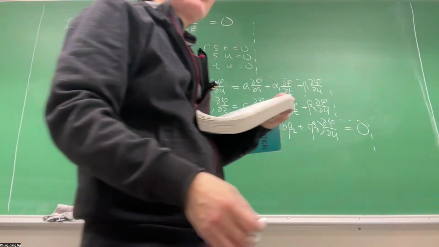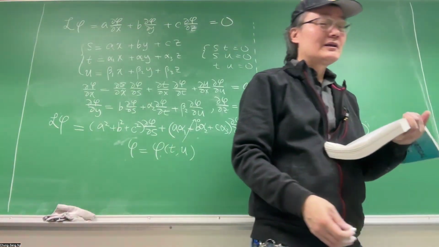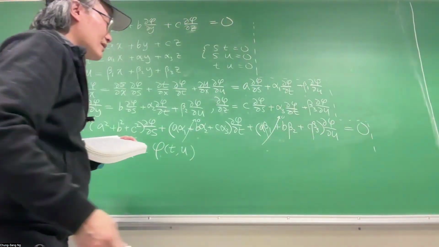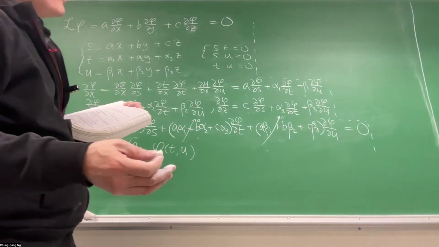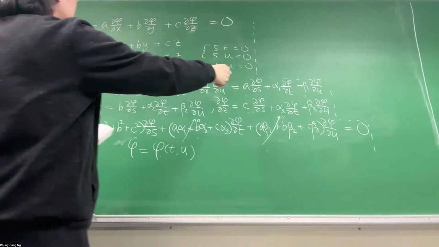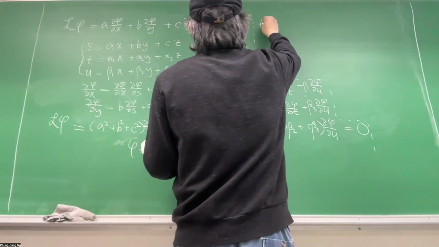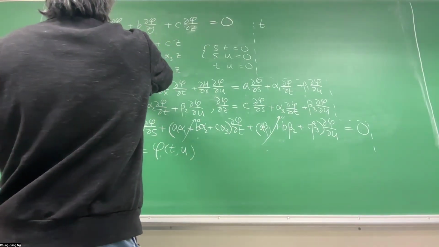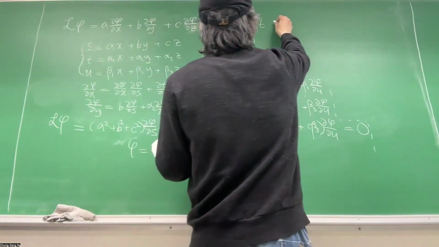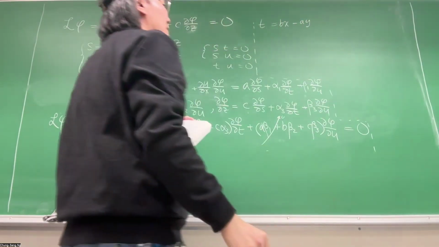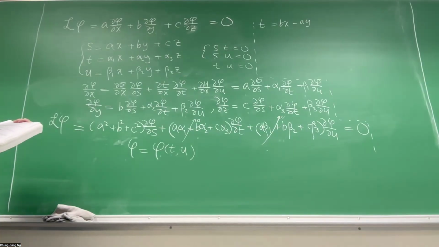It depends on the functional form of those functions. You probably can choose alpha and beta differently, but just as an illustration, we use the old one that we did. So use T as b x minus a y. That would be the T, right?